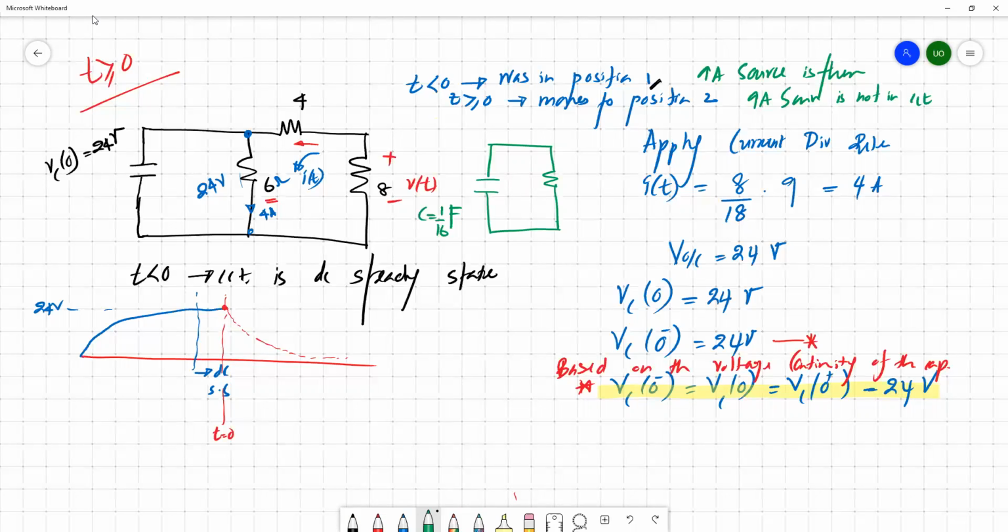Then 12 ohm is parallel with 6, so the equivalent would be 4 ohm. So now we can simplify the circuit to one with a single equivalent resistor of 4 ohm and a capacitor of 1 over 16 farad.